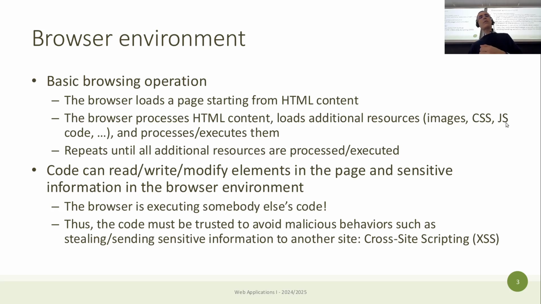We saw JavaScript code, images as well, but images are not that big a problem in general. And the point is that this JavaScript code will be executed, right? So it's code that will perform actions. And the browser works in this way until it has resolved all the references that it found in the page. So it loads all external resources and all the scripts are executed.